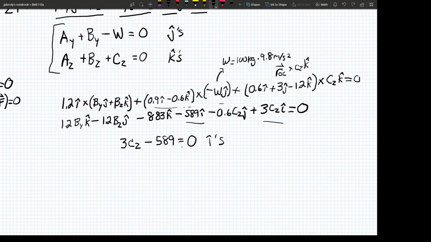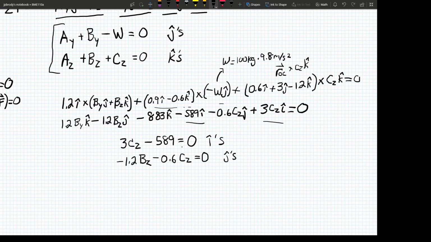The j hats, I'm going to go down here, it's minus 1.2 b z. So this j hat one. Then what do I have? This one. Minus 0.6 c z equals 0. That's again from the j hats.